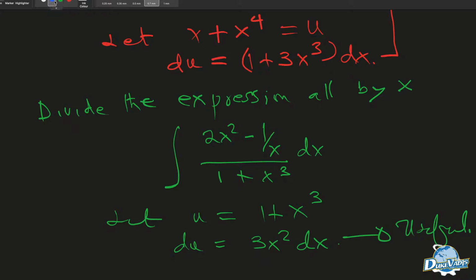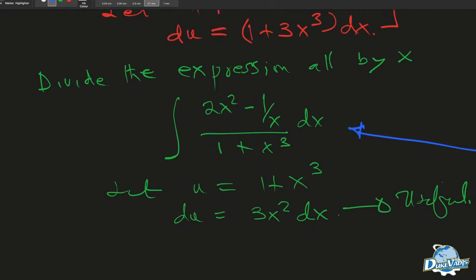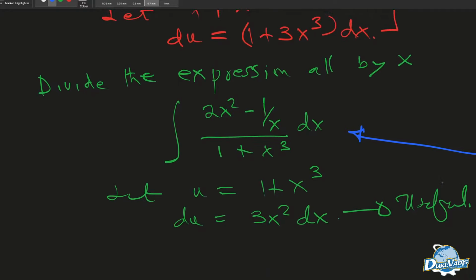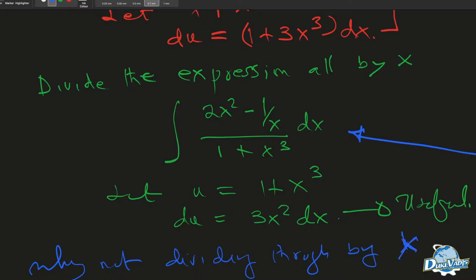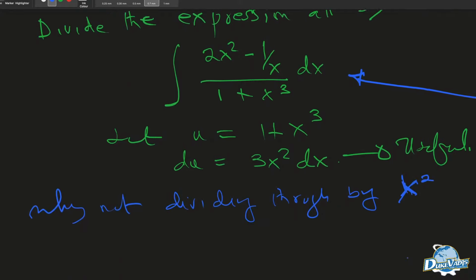Let's look at the numerator. If we use substitution, it wouldn't be wise. So let's try something. Why not divide through by x squared?